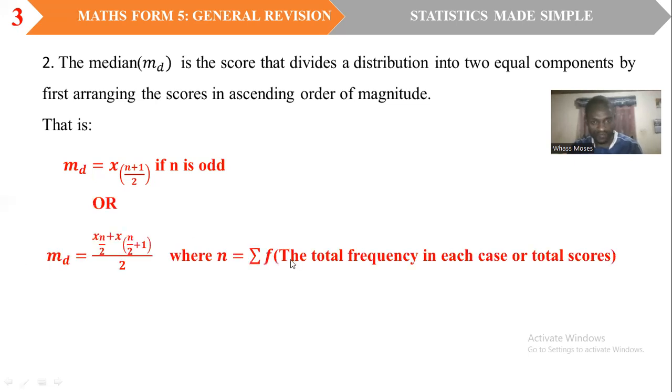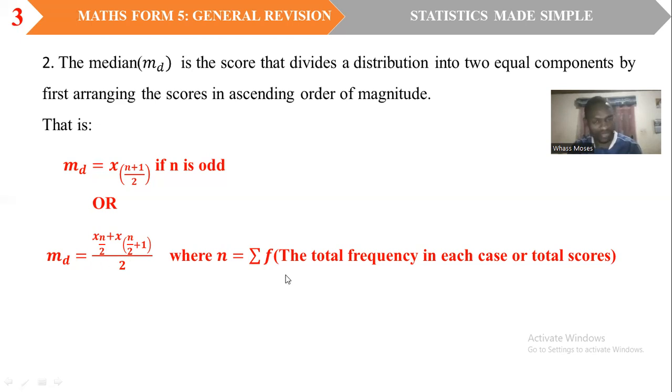But if the number of scores n is even, the median will be the average between the two scores, one at the position n over 2, the other at the position n over 2 plus 1. So we'll get the average. That is why we have the score at n over 2, plus the score at n over 2 plus 1, divided by 2, giving us an average.